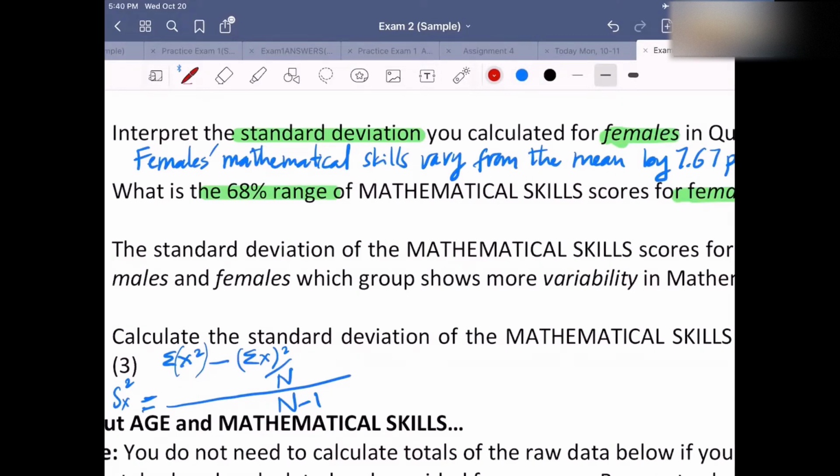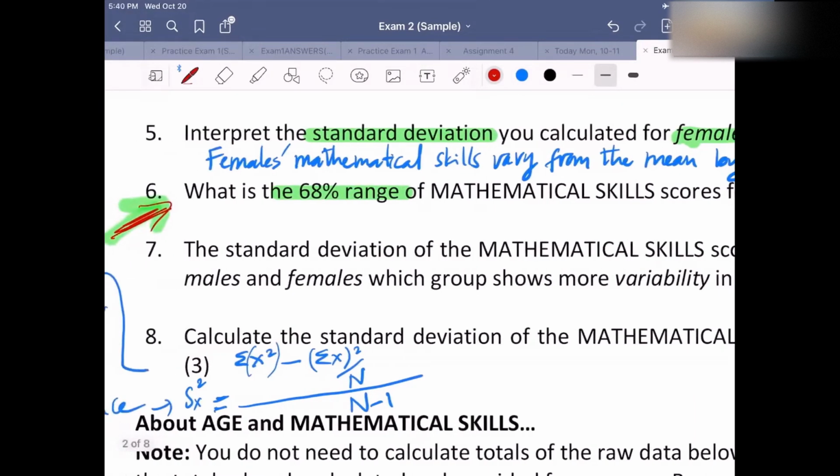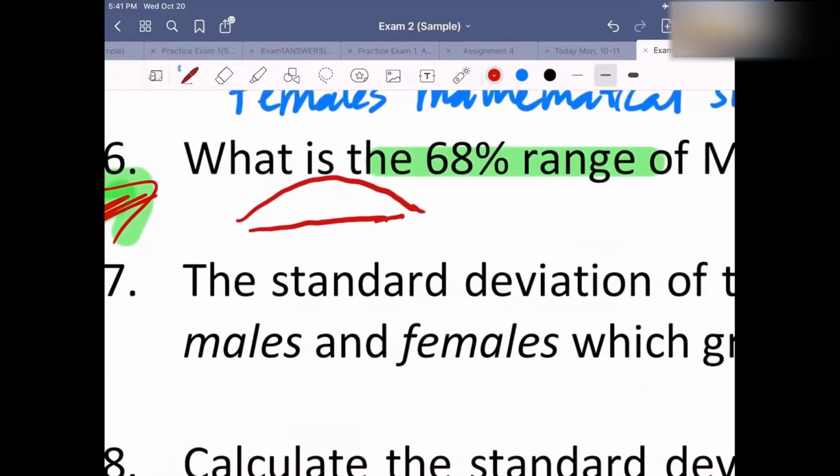So if you draw this, this is number 6, okay? So if you draw the normal distribution, the space is too small. I need more space, but it's okay. So if you draw the normal distribution, and this is a 68% range, right? That means that over here, and this is the 68% range, okay?